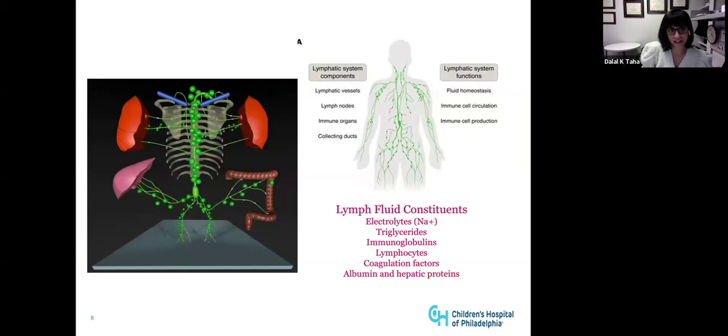Usually it's in the innominate vein or SVC. Lymph fluid contains a lot of electrolytes, sodium being a main contributor, triglycerides, immunoglobulins, lymphocytes, coag factors, albumin, and other hepatic proteins, so patients with lymph disorders could have abnormalities in any of these domains.